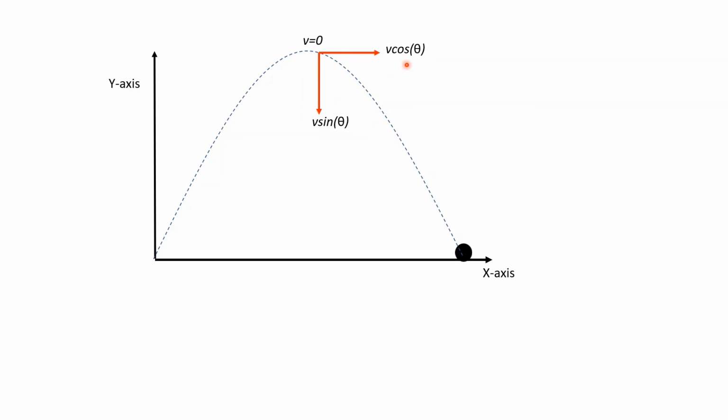Keep in mind that the velocity along the horizontal axis and along the vertical axis are constant velocity motion and constant acceleration motion respectively. When the projectile starts from the point where the vertical velocity is 0 to the end of the trajectory, it follows this path, where the horizontal component of the velocity remains the same. With this we can say these two components of the velocity in projectile motion are independent of each other.